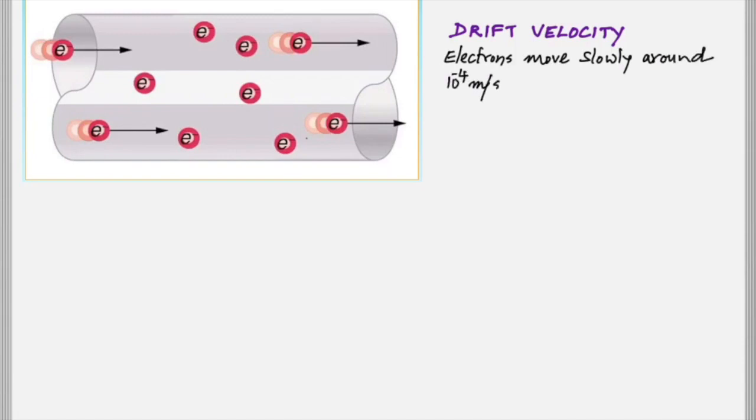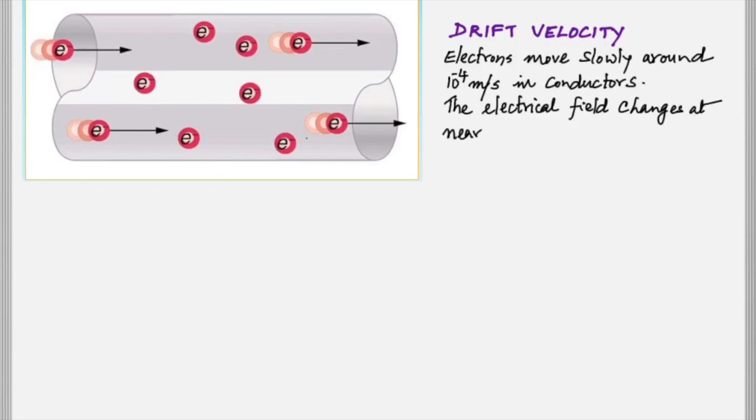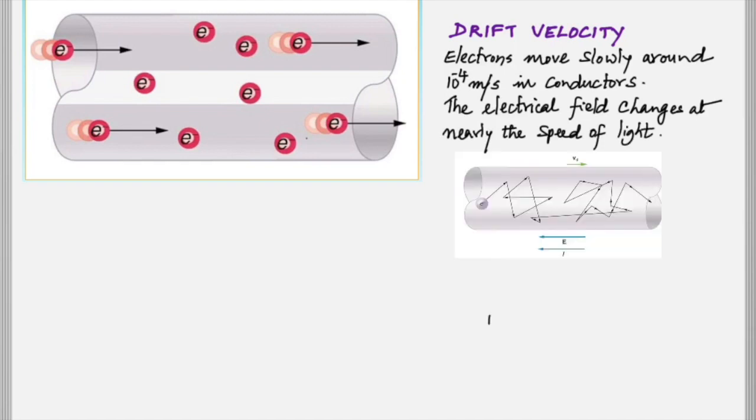And we will just work out one problem to look at the real drift velocity in a copper conductor. All right. So the electric field, remember, is the one that changes at nearly the speed of light, although the electrons are moving slowly. So here you can see the multiple collisions made by the electrons as they try to move through the conductor.